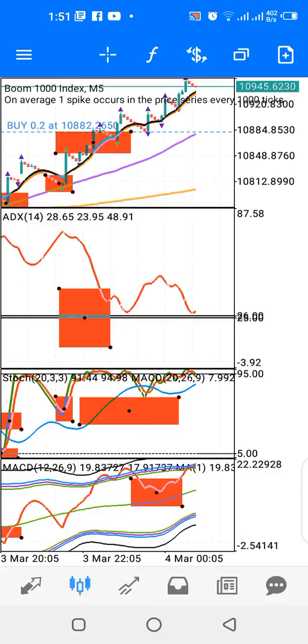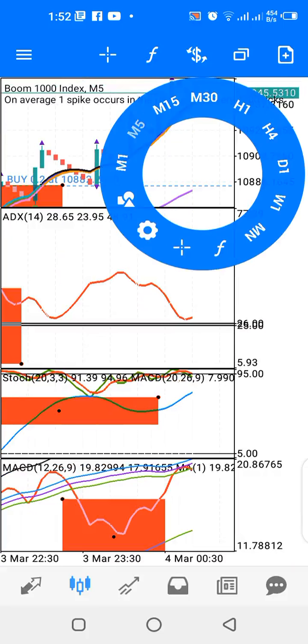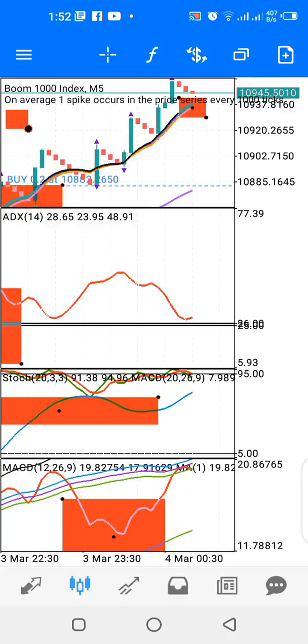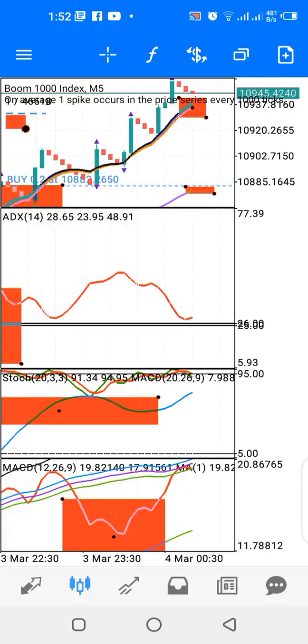As you can see on the screen, I bought, and I'm expecting price to test. Price may either test here or test the 50 moving average. But if it breaks below the 50 moving average and also breaks below the 200 moving average, then we have a trend change.